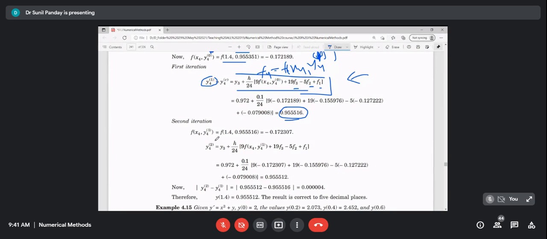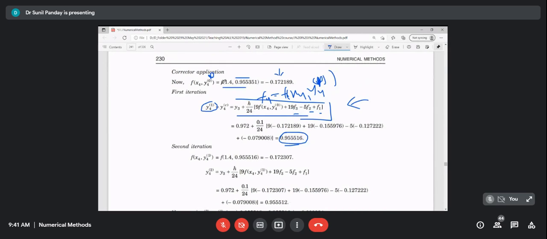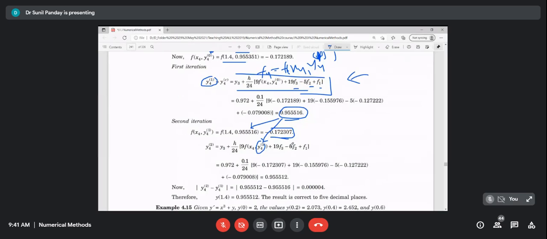Then we will calculate y42, like we are correcting a second time. Now this y41 becomes the y4 predicted value, we substitute it here and get the next corrected value. We apply this until two consecutive values of y have the desired accuracy, like here 5 decimal places of accuracy is desired in the problem.